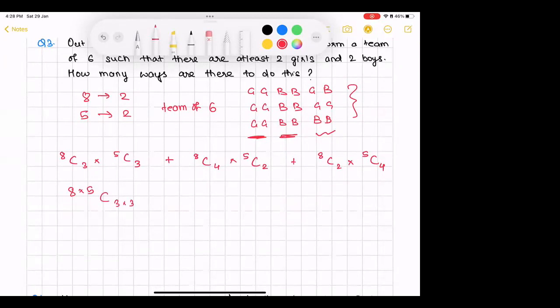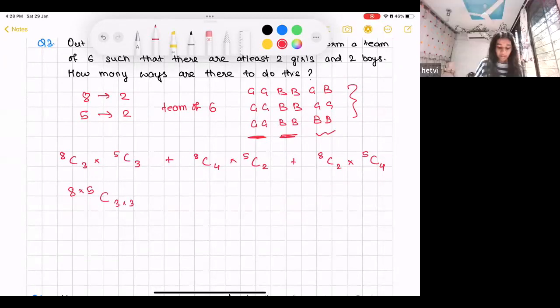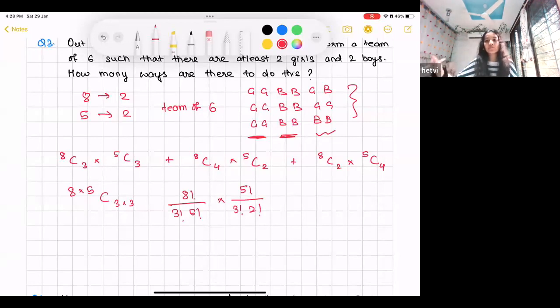So not divide. 8 into 5, C, 3 into 3, right? You cannot do that because the formula 8C3 actually means 8 factorial upon 3 factorial and 5 factorial, multiplied by 5 factorial upon 3 factorial and 2 factorial. Right? And what is 8 factorial? 8 factorial is 8 into 7 into 6 into 5 and so on up to 1. And 5 factorial is 5 into 4 into 3 into 2, so on up to 1.